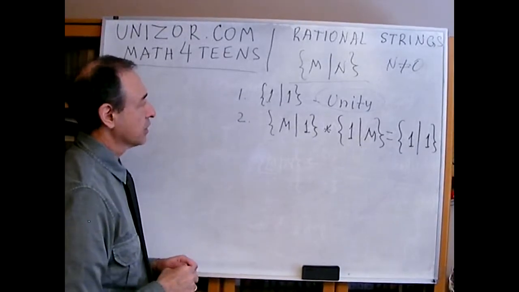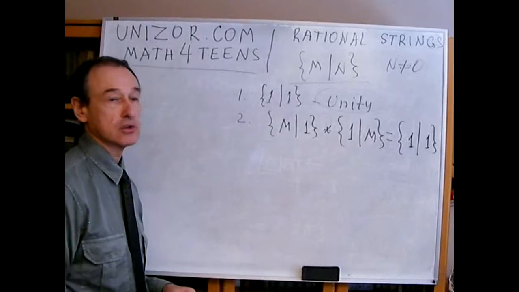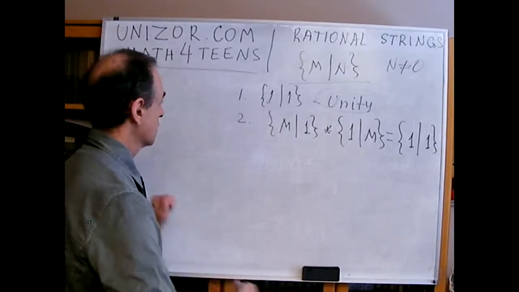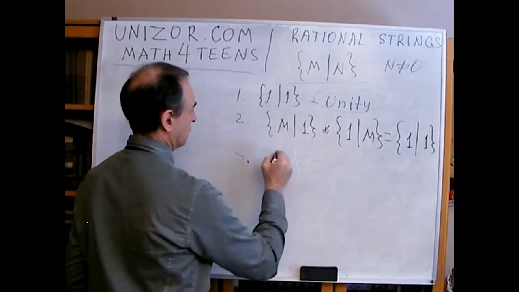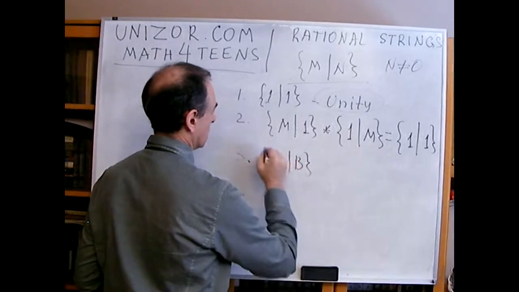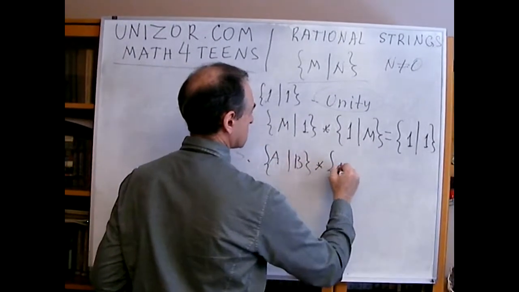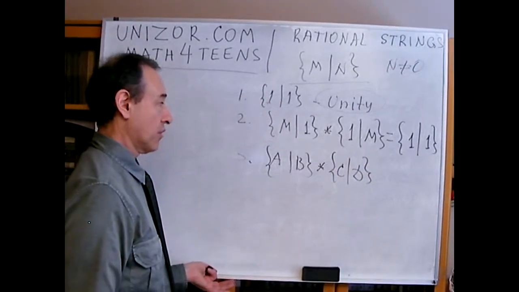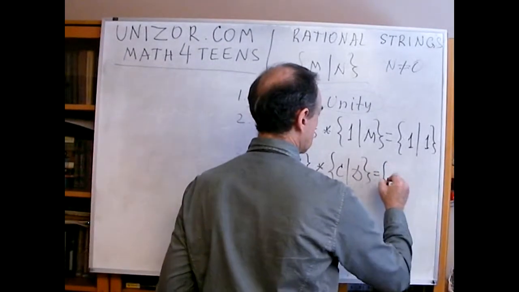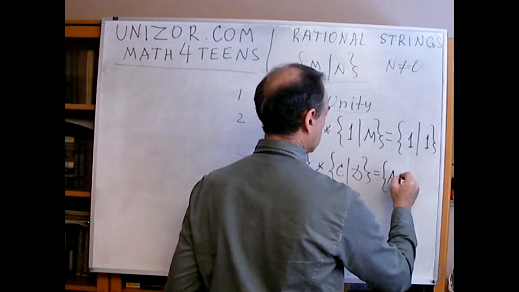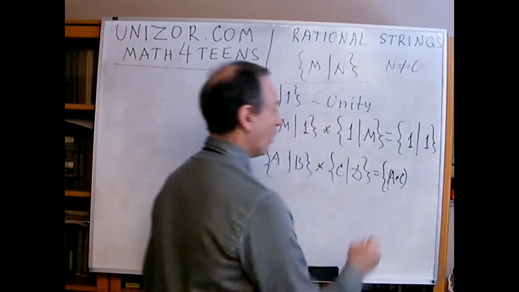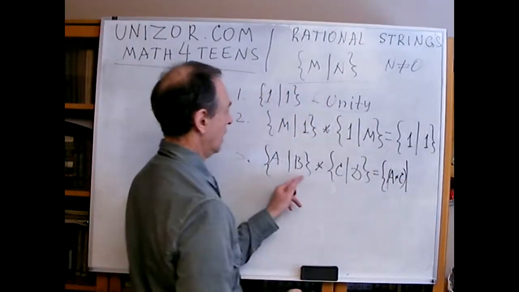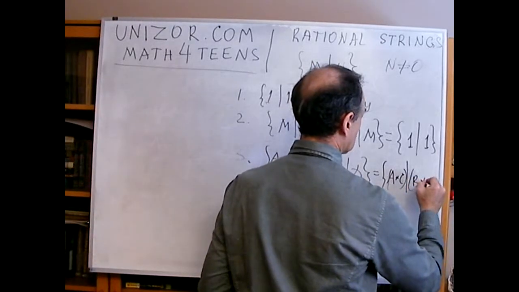Okay. Having said that, I have to introduce the rule of multiplication between two rational numbers as introduced here. And the rule is very simple. If I have a over b and I'm multiplying by c over d, where a, b, c, d are any integer numbers, by definition the result is a times c, and we know how to multiply two integer numbers, that would be my numerator, and my denominator will be b times d.